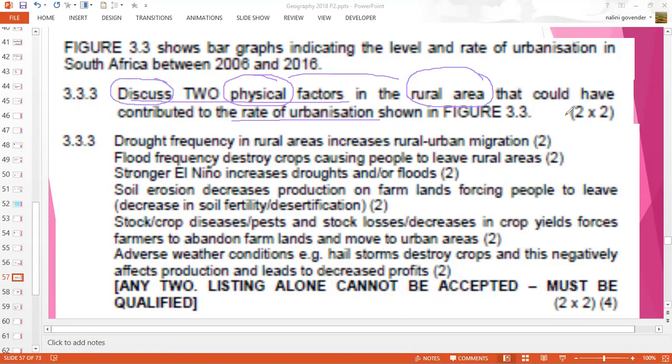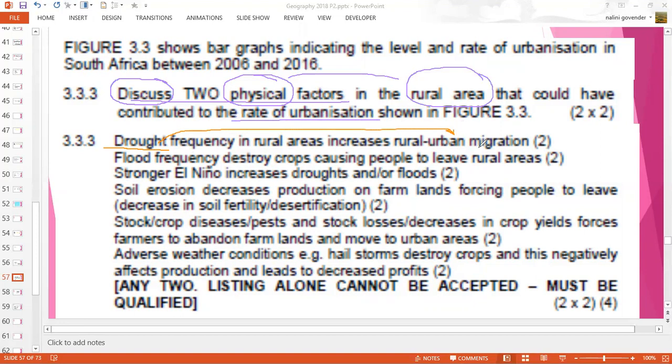2 marks each one. And as you can see, for example, we're speaking about there's a higher frequency of drought in rural areas. So when there's drought, the crops cannot grow, people have no work, there's food insecurity, and therefore they would now leave our rural areas and move to the urban area.